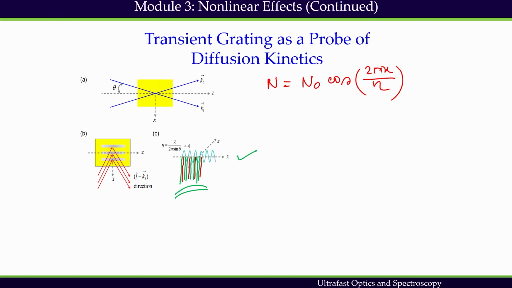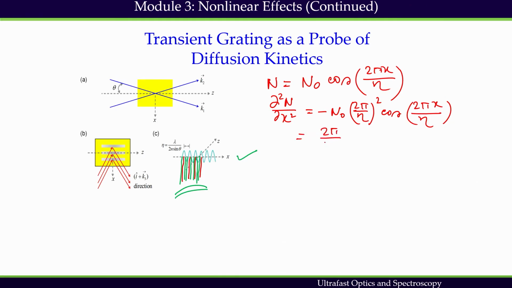And if we take the second derivative with respect to x, d2n dx2 equals minus n naught 2 pi by eta whole square cos 2 pi x by eta, which is nothing but minus 2 pi by eta whole square multiplied by n.